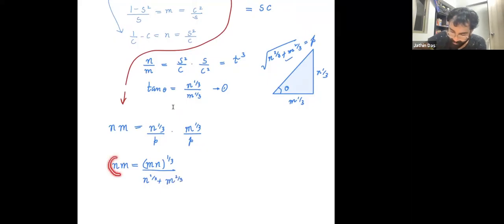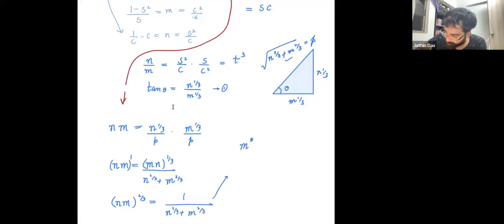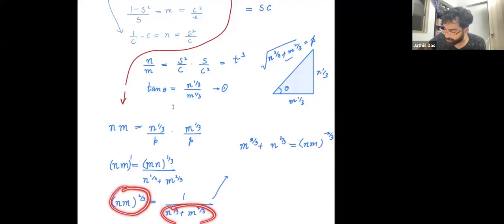Now I know this is nm raised to 1 and this is nm raised to 1 by 3, so when you take it to the other side, nm raised to 2 by 3. Anyways, the main point is the final answer is written as m^(2/3) plus n^(2/3) is equal to (nm)^(-2/3). I hope you understood. I took the reciprocal on both sides, so this came and its reciprocal is minus 2 by 3.